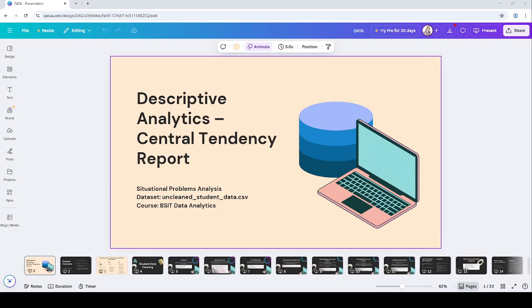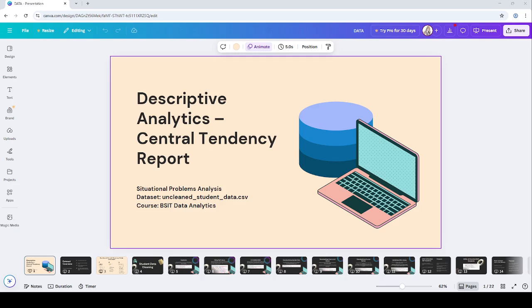The purpose of that is to identify academic performance trends in BSIT students, and to spot potential at-risk students if GWA is consistently high or low, support scholarship qualification and retention policies, and to inform curriculum improvements or study support programs.